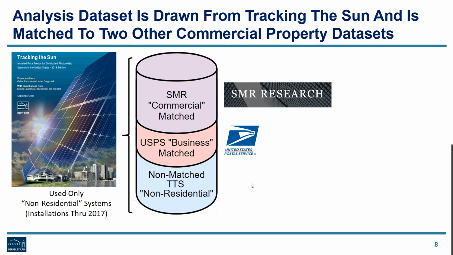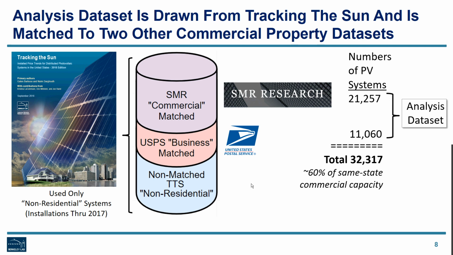Now the remainder, the group that didn't match, even though we thought it should, often constituted residential addresses that were marked as business or non-residential, or they were missing that declaration and yet were residential. The same is true with some utility scale systems, and in some cases just the address was wrong and we have no hope of matching it up.